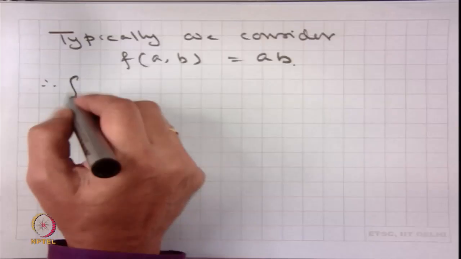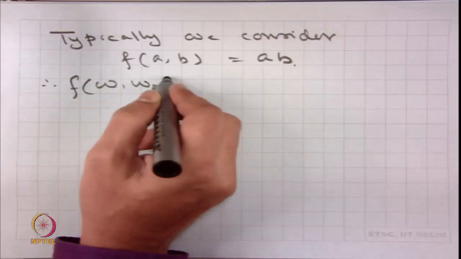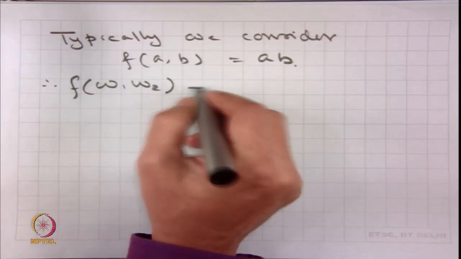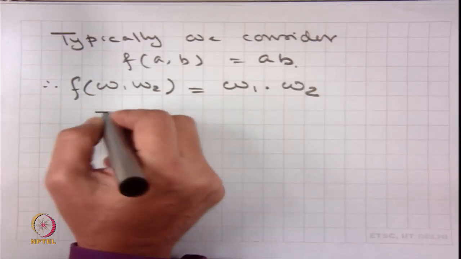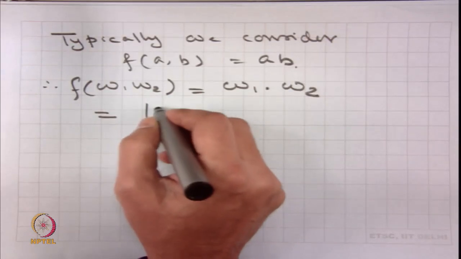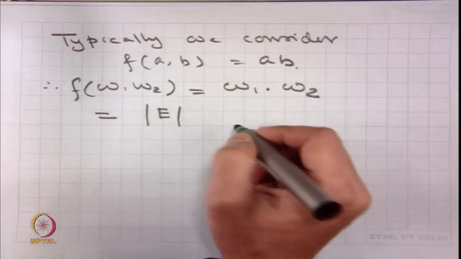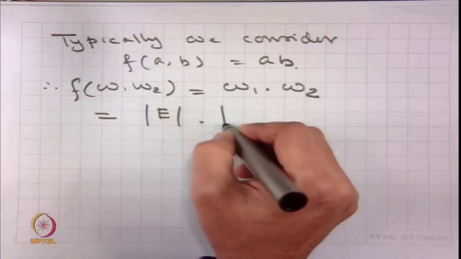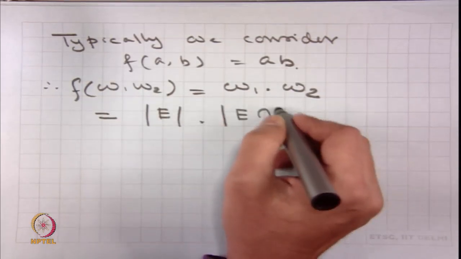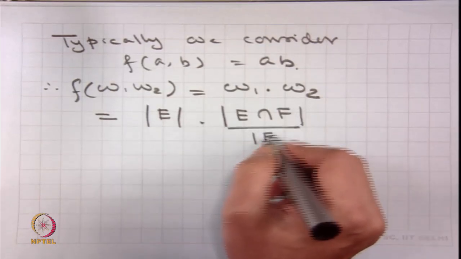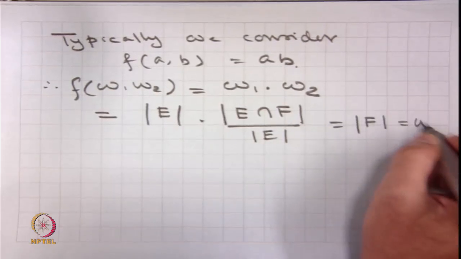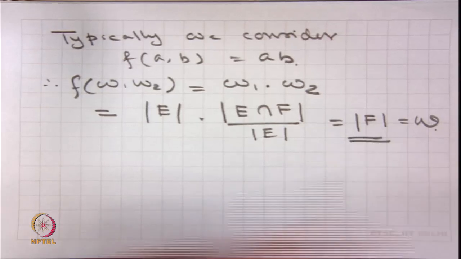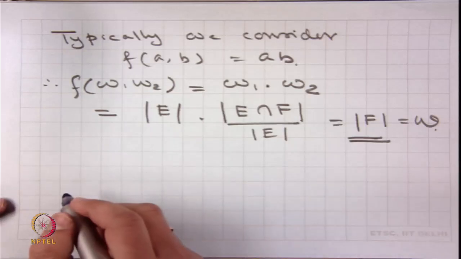Therefore, f of W1, W2 is equal to W1 times W2, and W1 is the cardinality of E multiplied by the cardinality of E intersection F divided by the cardinality of E, which is equal to the cardinality of F, which is W. That is, this is the number of traffic jam days among the rainy days.